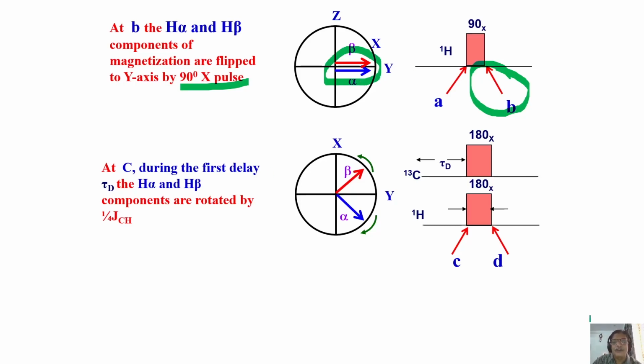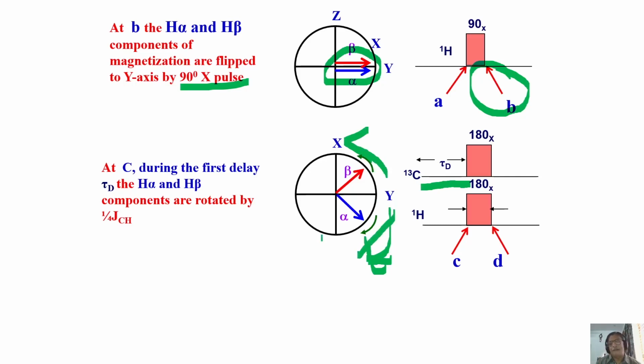Now what I will do is start waiting. I don't do anything; I simply keep quiet. Then at point C, there is a delay between B and C. These alpha and beta components of the proton start dephasing. One moves like this, the other moves like this, depending upon their normal frequencies.